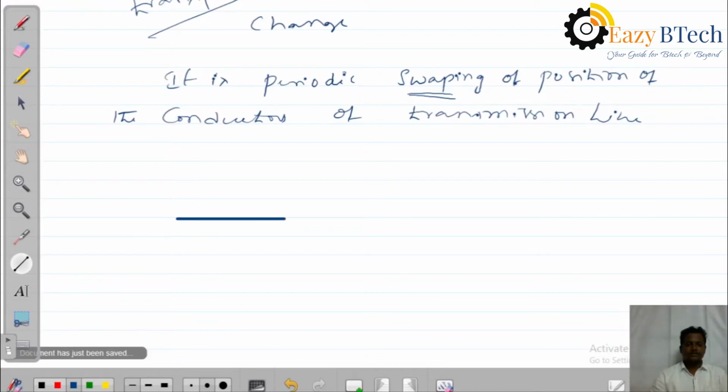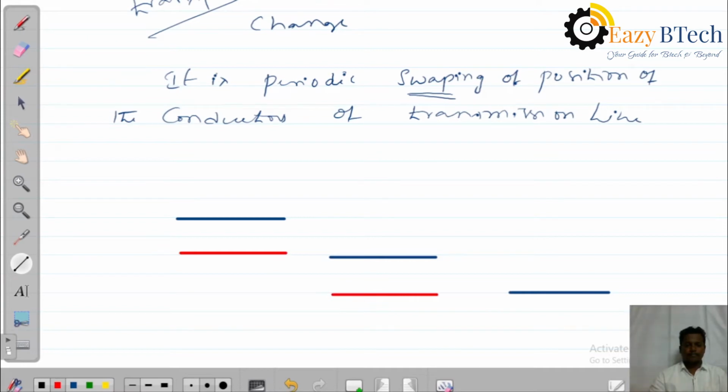Here, this is conductor A. Each and every color represents each and every phase.